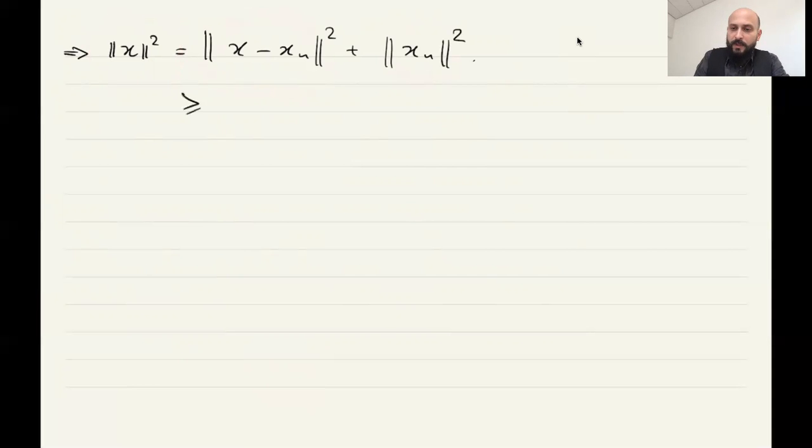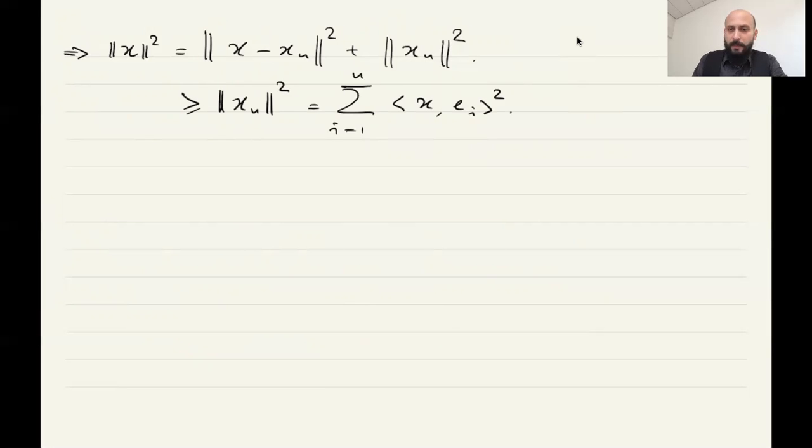Since this is a positive number, we can take a lower bound with x_n square, which is exactly, since the e_i are orthonormal, the sum of <x, e_i> square, again by Pythagoras.